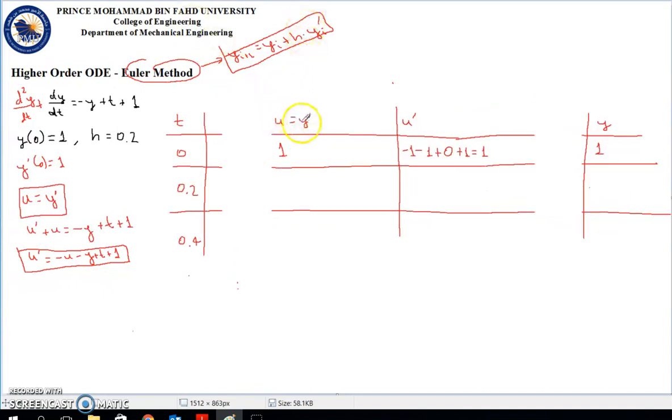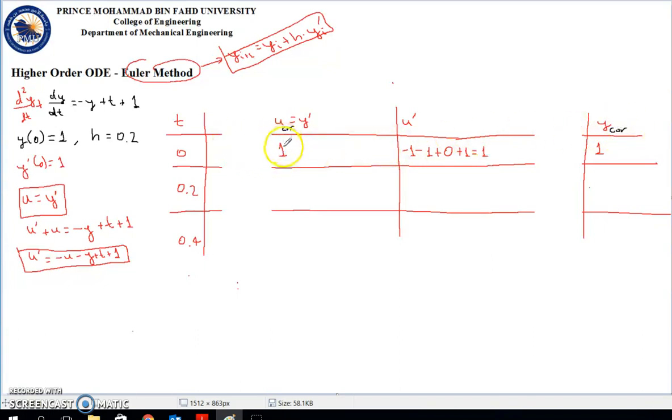So, exactly like before, we'll have a table with the variable t, u, which we can now call corrector, u prime, which we calculate from this function, and y corrector.